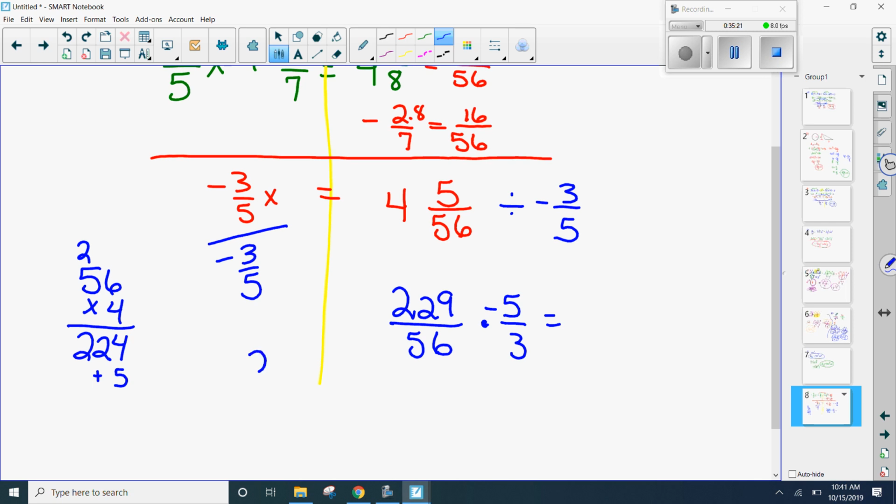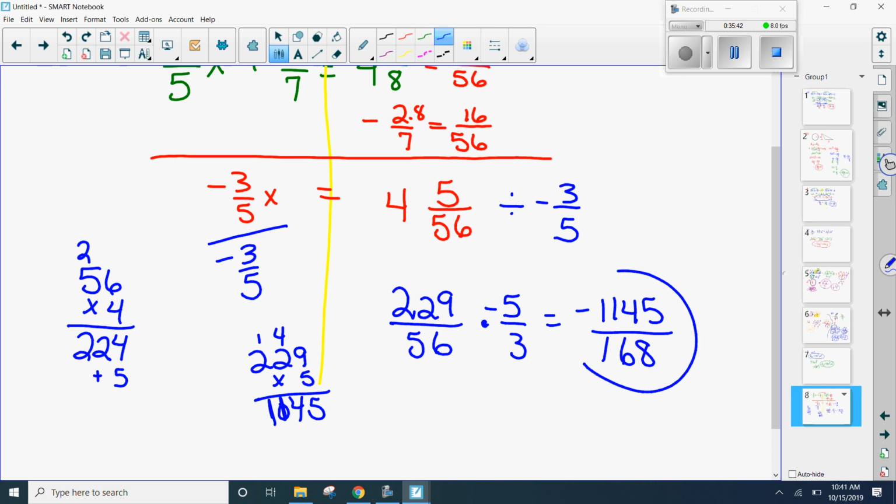You got to take 229 times 5. From memory, I get 1,145. 10, 14. Yep. So you get negative 1,145. And if you take 56 times 3, you get 168.